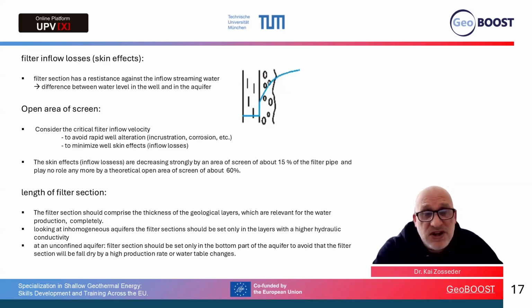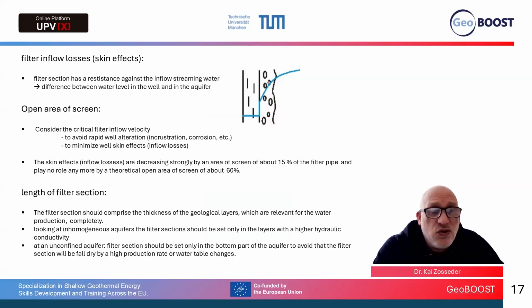There are some recommendations that the screen should be about 50% of the filter pipe, or between 15 and 60%, so not less than 15. And if you have more than 60, actually, then the inflow losses play no role, but that's a theoretical value anyway.